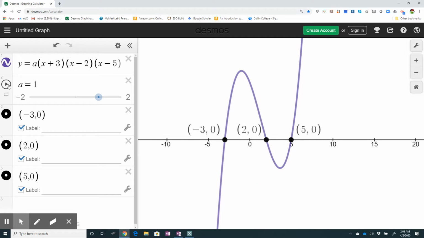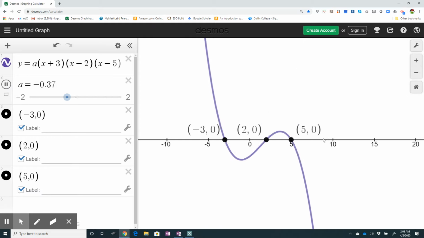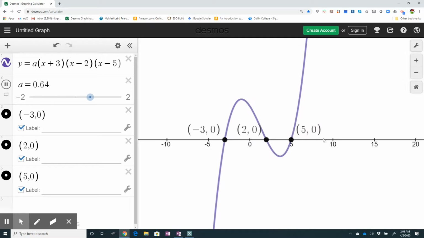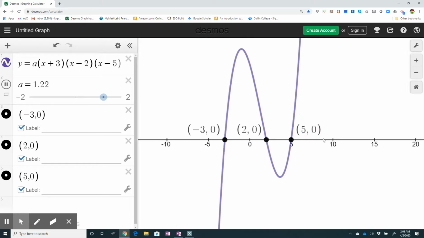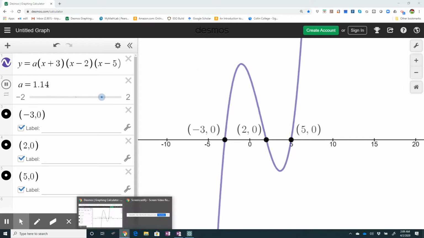Right? But I'm going to hit play. Notice that there's an infinite number of polynomials that have those three x-intercepts. Every different value of a is a different polynomial. And so we're looking for the one polynomial such that it goes through the point.